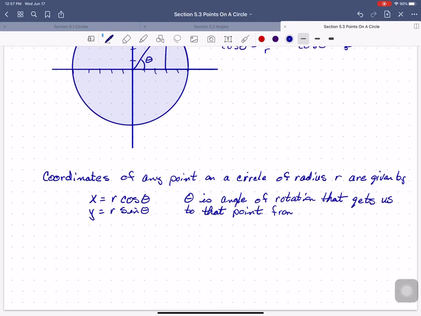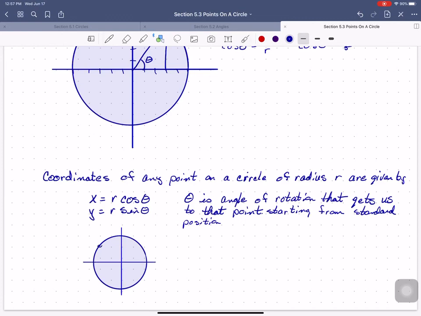And we're going to think about this in terms of a circle centered on the origin, and we're going to start our rotation from the positive x-axis, so from standard position. In other words, suppose I am on this circle and I'm over here in the second quadrant.